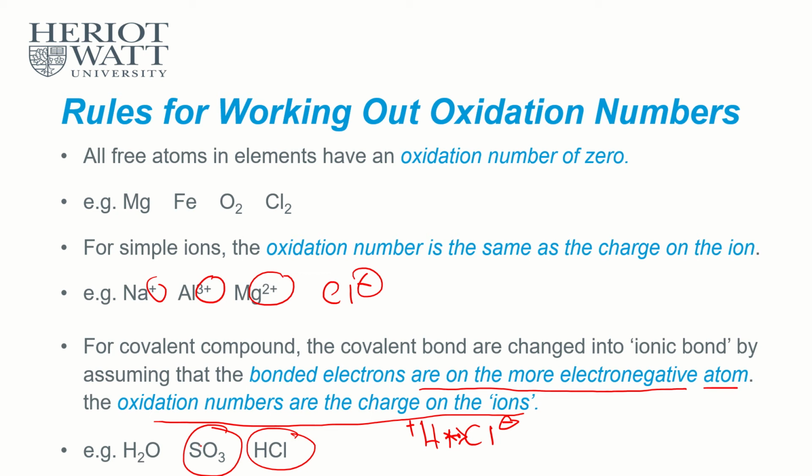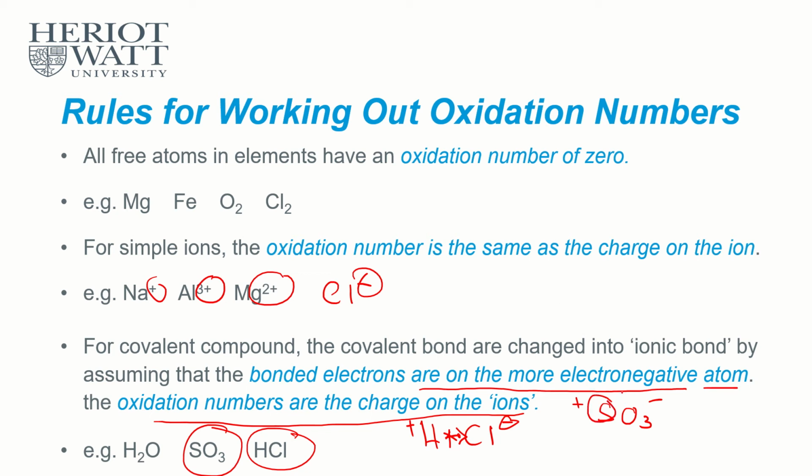SO3, right? So in terms of SO3, the oxidation number of oxygen is 2 minus. Am I right? So we assume that oxygen is more electronegative. Not assume, it is more electronegative. So oxygen is supposed to be the negative side. Sulfur here is supposed to be the positive, because oxygen is more electronegative. But what is the actual oxidation number of sulfur? Very simple. If you're looking for sulfur with oxygen, you have to take oxygen as the default.